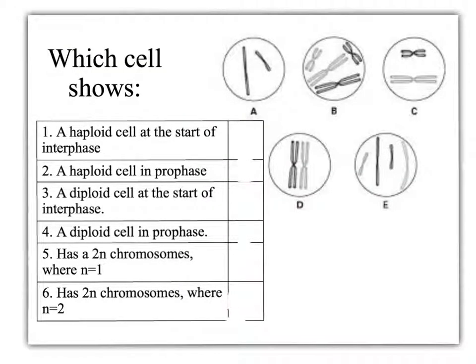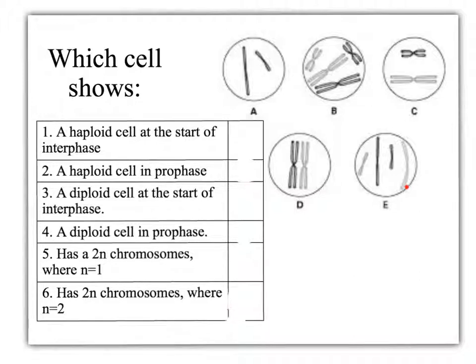Okay, let's look at some of these questions where they ask you to identify what's going on in the cells. When I'm looking at these, first of all, I'm looking for homologous pairs, and I'm looking for whether the chromosomes have replicated or not. I can see straight away that cell E is a diploid cell because we've got 2 pairs of homologous chromosomes.